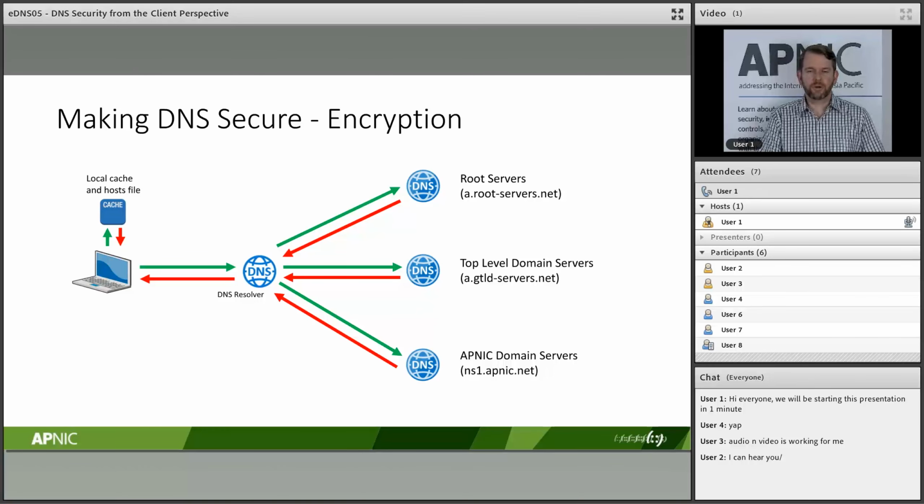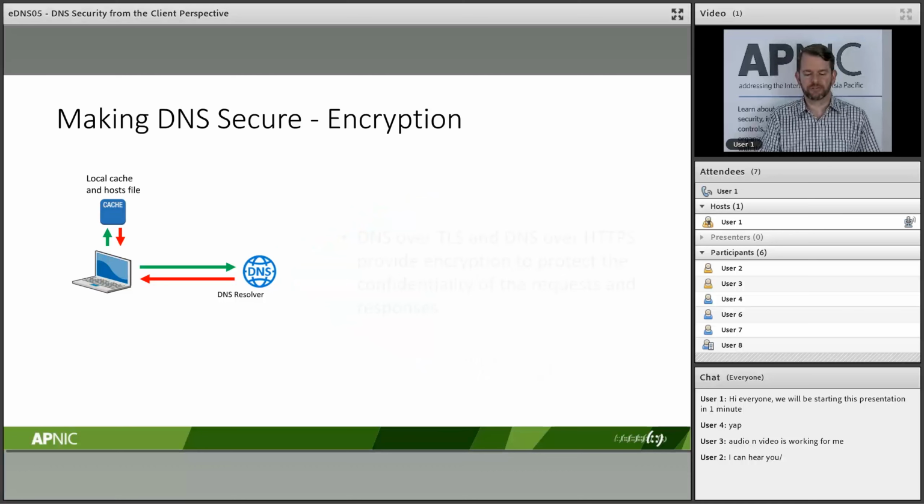Looking at the encryption side of things for confidentiality, you can look at implementing DNS over TLS or DNS over HTTPS. These are two relatively new, in the production sense, ways of doing that encryption or doing DNS requests. Instead of using your classical port 53 connections going over the internet, what you have is layers of encryption.